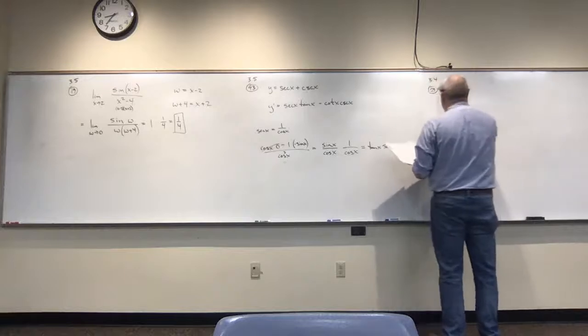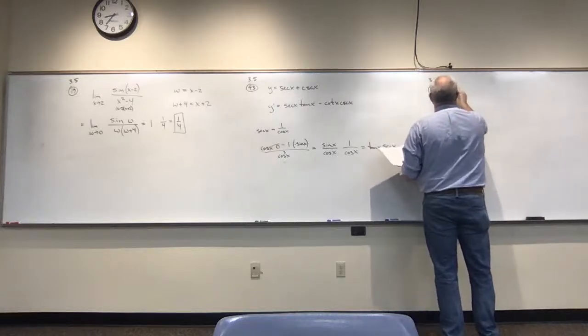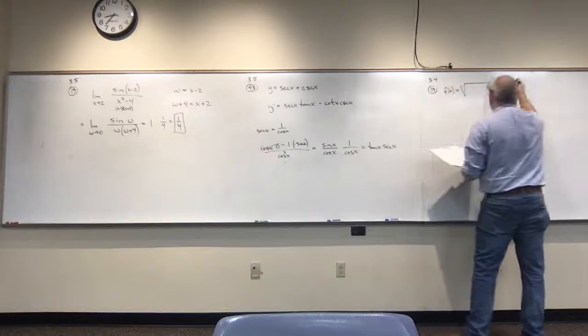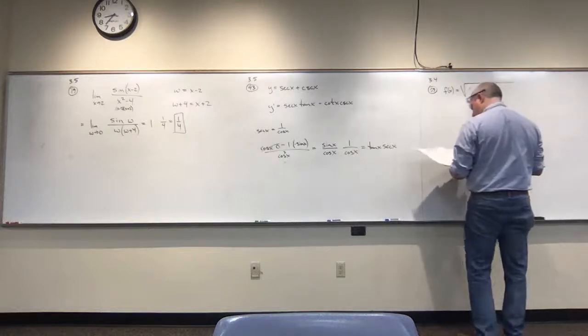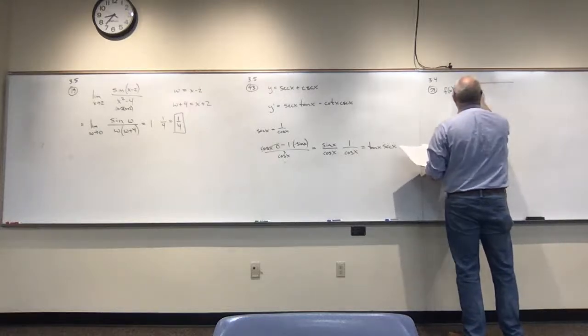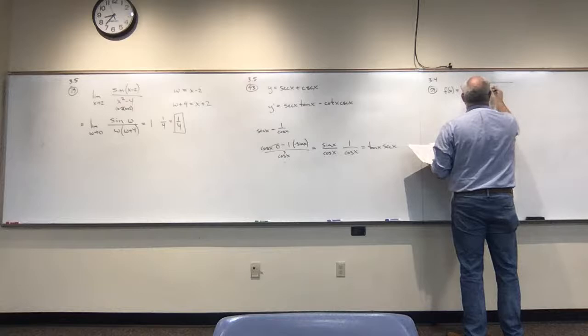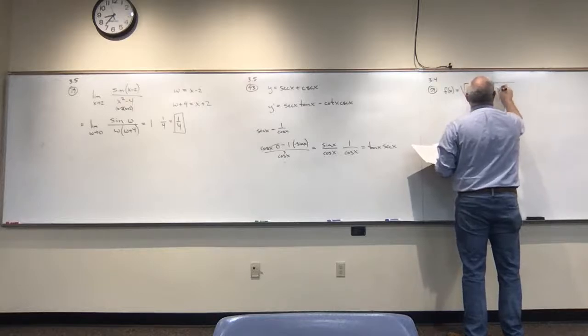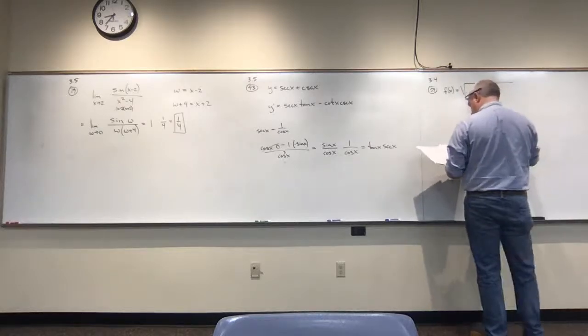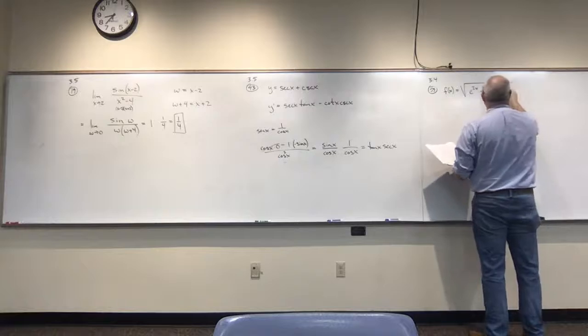f of x is equal to the square root of e to the 2x plus 8x squared e to the x plus 16x to the 4th.